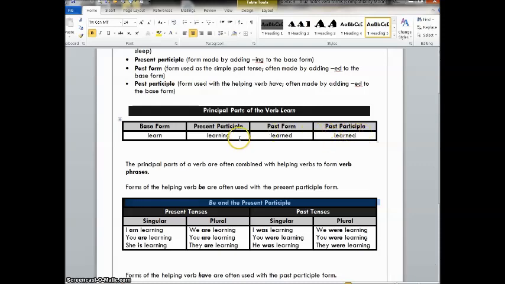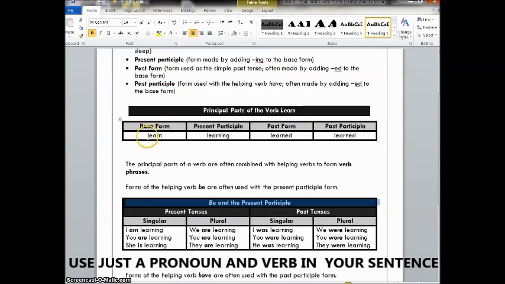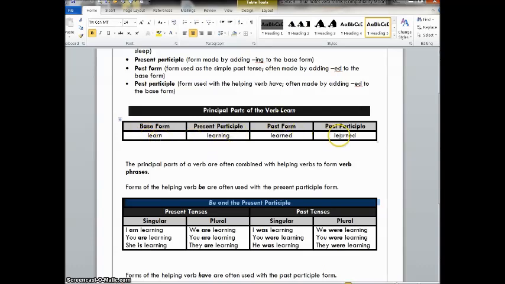Okay, so whichever regular verb you choose, you need to do a simple sentence, just I and the verb, or he and the verb, whichever you choose, in all four forms.